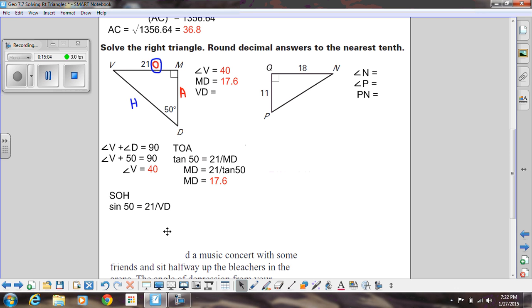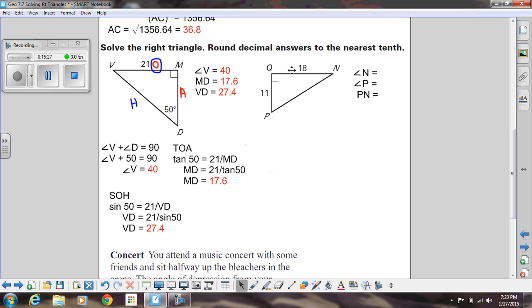Again, I'm cross multiplying, so VD is going to switch over to the left-hand side, and the sine of 50 is going to move over here where the VD was. It's like they're switching. All right, so if I type that into the calculator, I get VD equals 27.4. All right, so we have solved this right triangle.